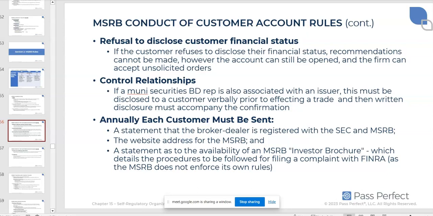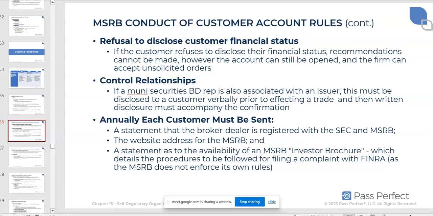You should ask them what makes this interesting to you, to make sure that they're not working under some misconception. But if ultimately they insist and say this is what they want to do, you follow customer instructions. Check the box on the order ticket that says it was unsolicited, to make it clear to your compliance department that they called and said this is what they want to trade.